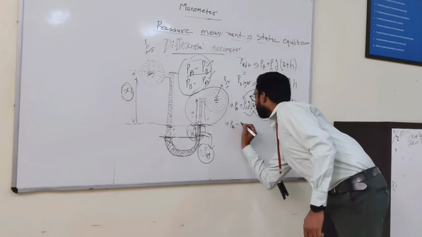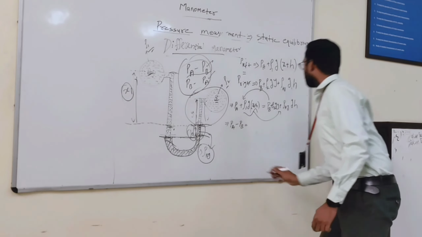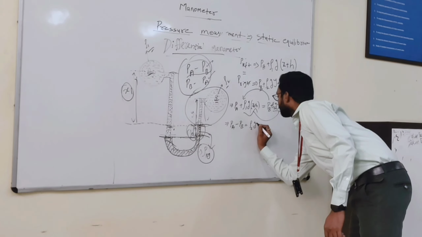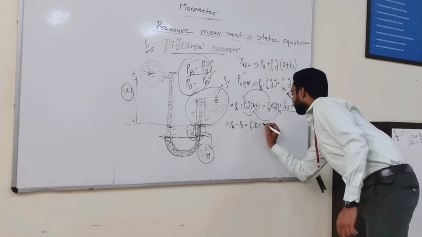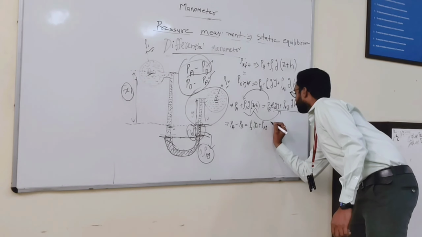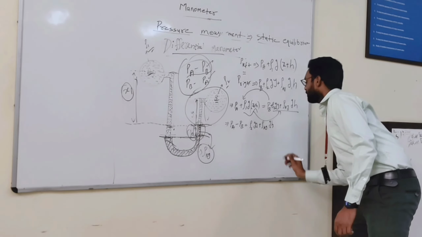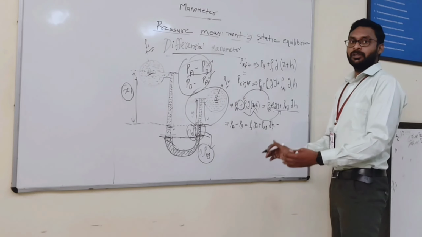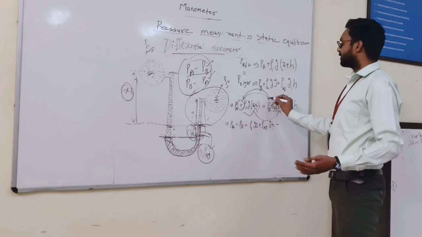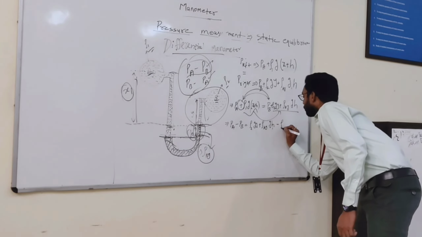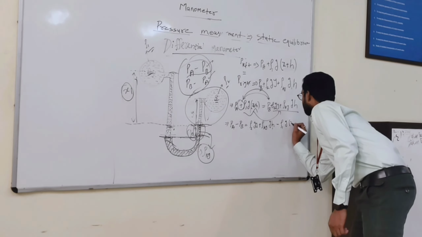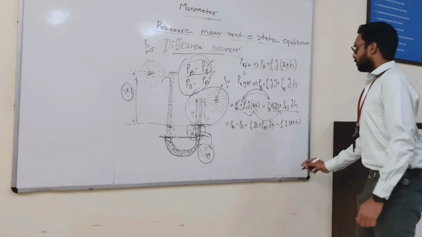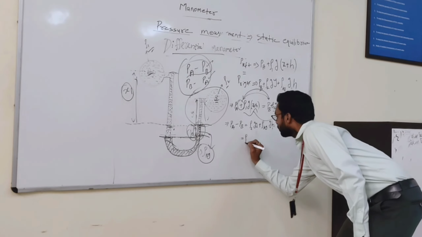PA minus PB equals, this term first I will write now, rho 2 G Y plus rho Hg into G into H, minus, because this term is plus in the left side and you are taking this term into the right side, it will become negative, minus rho 1 G into X plus H. Okay, X plus H. You can simplify it more.